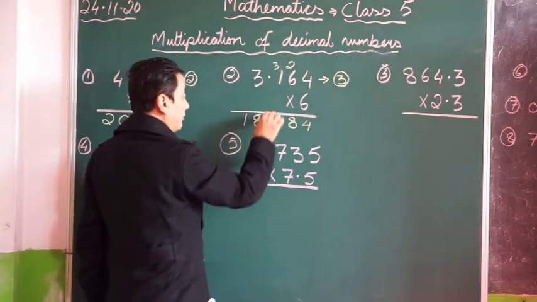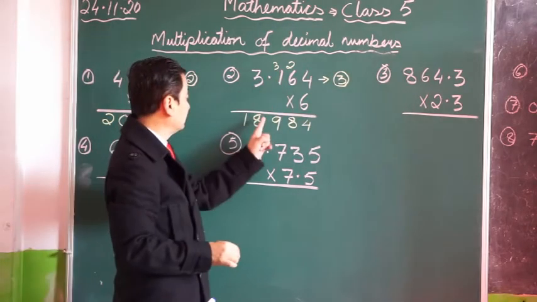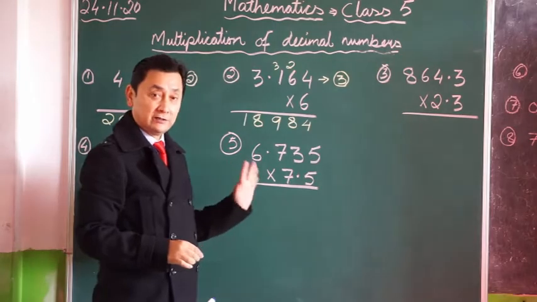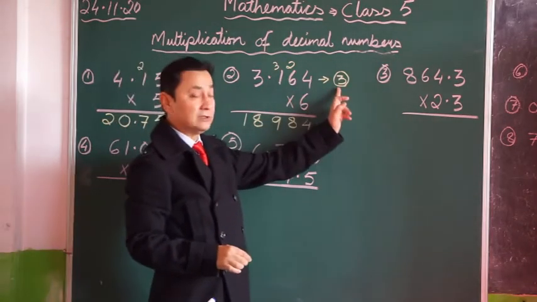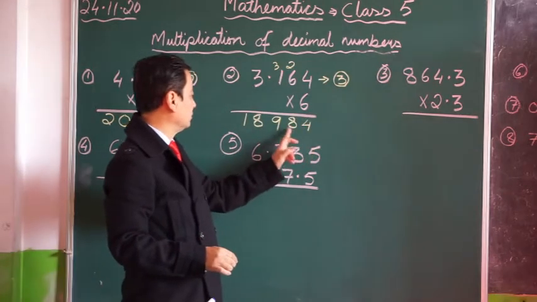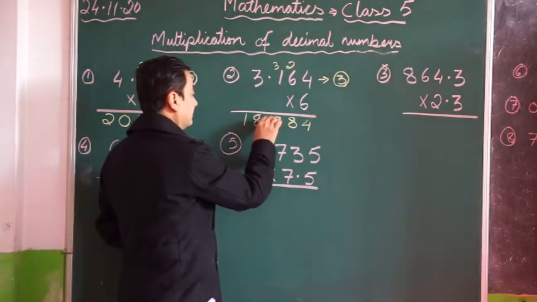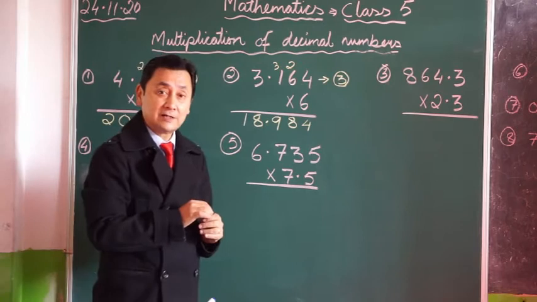Don't put that decimal point here just because it comes straight down. There is a rule for it. After you finish the sum, then you see how many here? 3. 1, 2, 3 points. Okay? Do you understand?